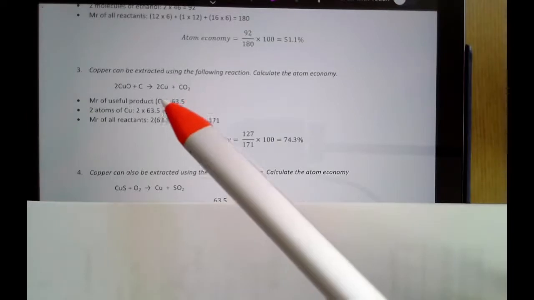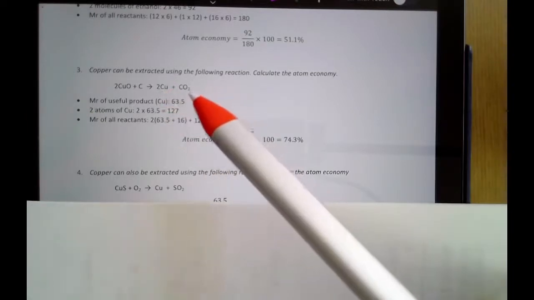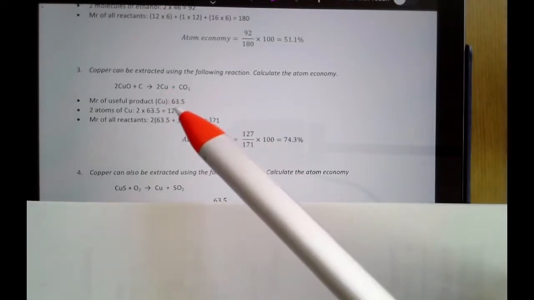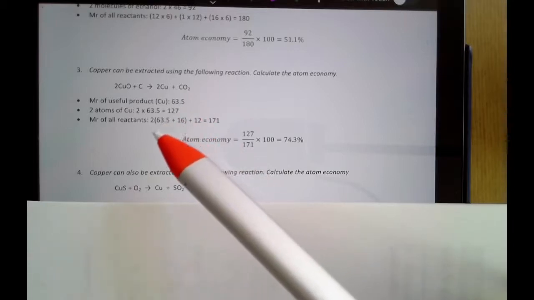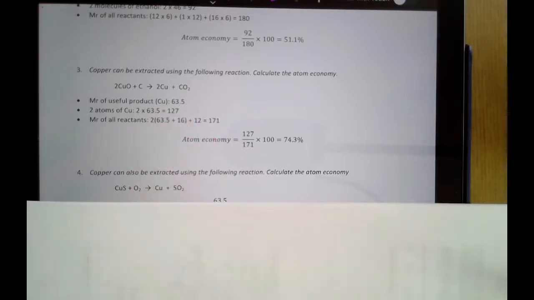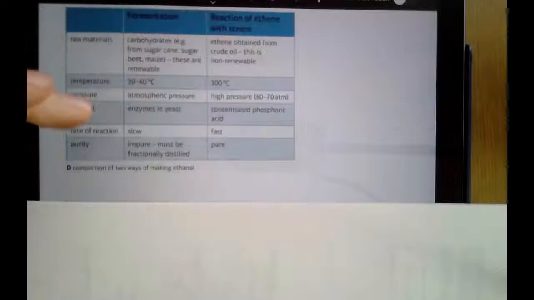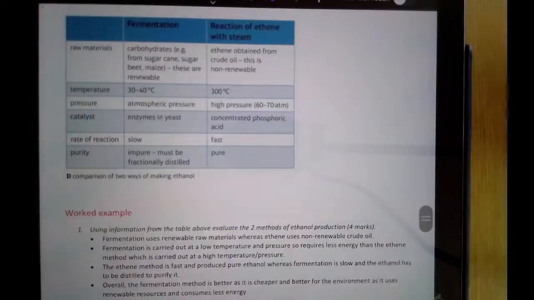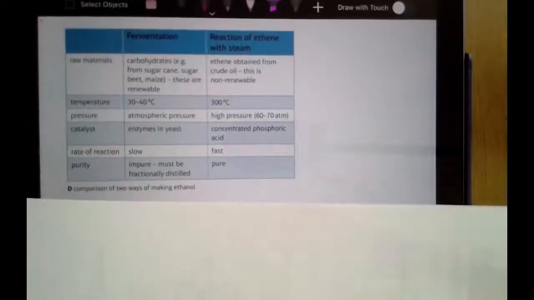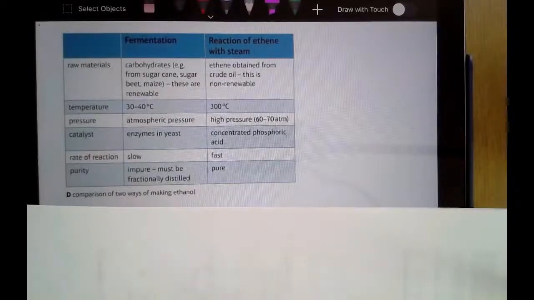So because you're producing copper and carbon dioxide, that carbon dioxide gas will just dissipate into the atmosphere, so you're left with the pure copper. In some cases, you end up making a product that then has to be purified, and again, that takes time. So I've got an example here back up to the alcohol reaction, and we've got a table that compares the two different ways to make alcohol.